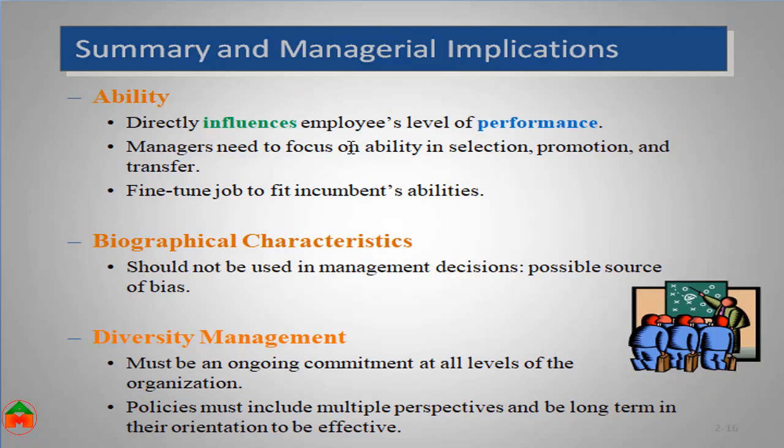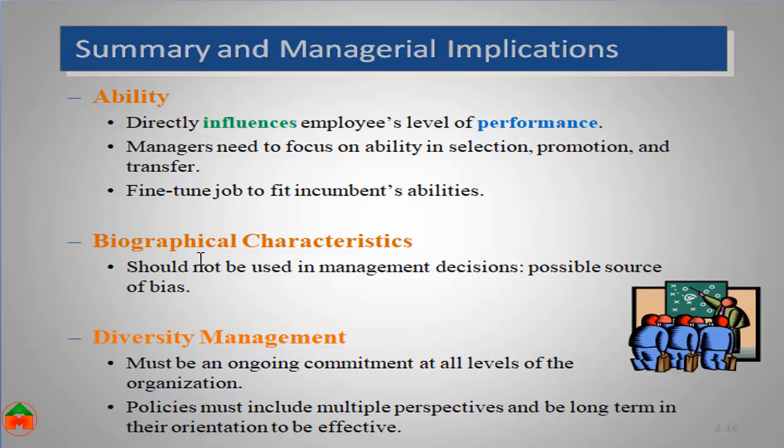Now we are going to summarize the chapter. The focus of this chapter is on diversity in the workplace, and we can see diversity due to ability, diversity due to biographical characteristics, and the manager should focus on diversity management. Ability directly influences the employee's level of performance, and that is why managers need to focus on ability in selection, promotion, and transfer. The manager should fine-tune the job to fit the incumbent's abilities.